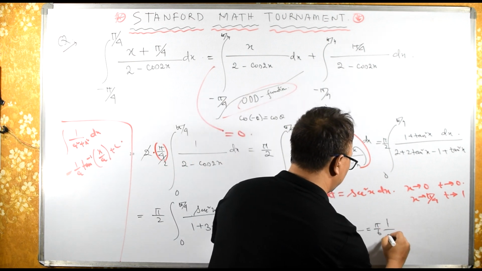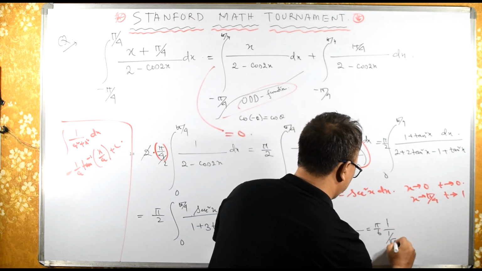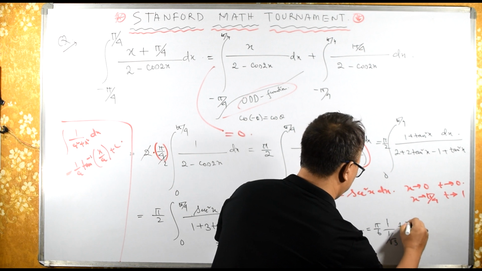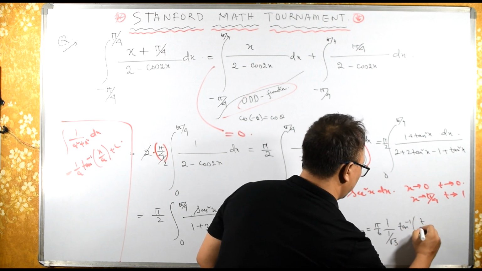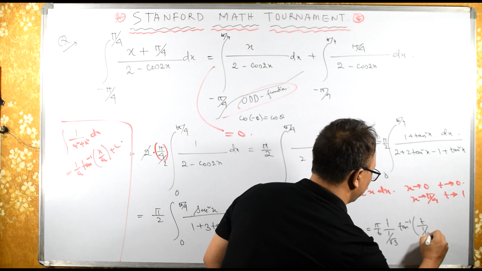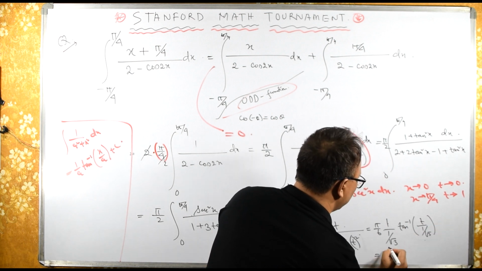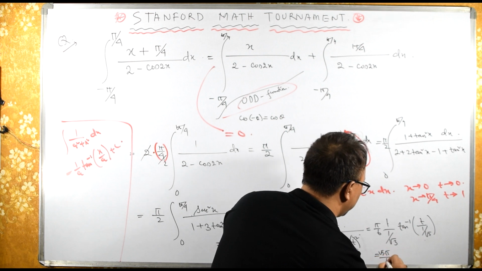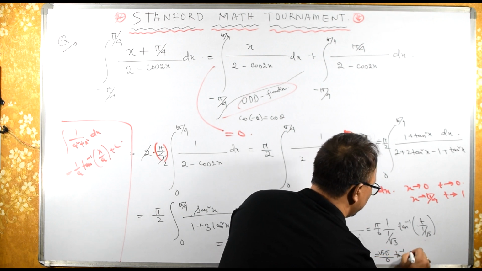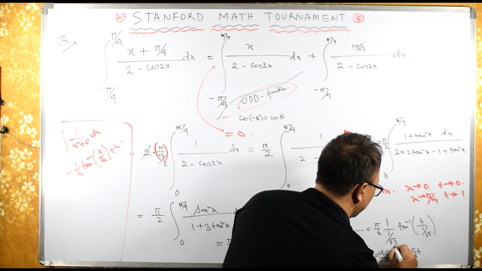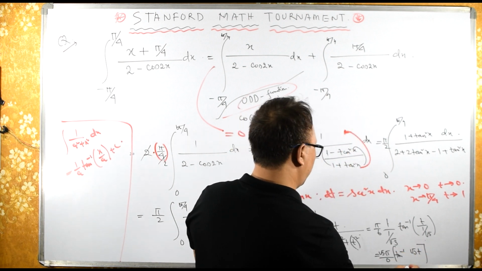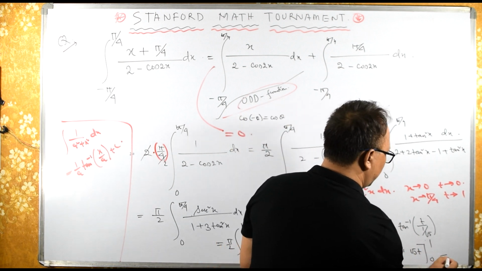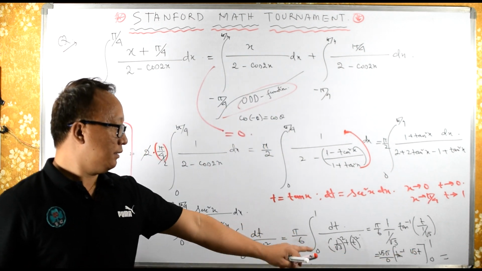It is 1 upon 1 by root 3, tan inverse t upon 1 by root 3. Therefore it is pi by root 3 upside, root 3 pi by 6 tan inverse root 3 t, and the limit is from 0 to 1. You substitute this limit, you will get the answer.